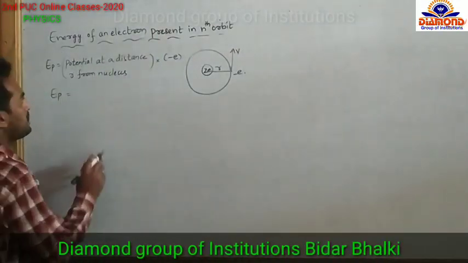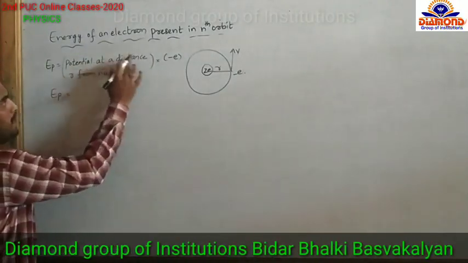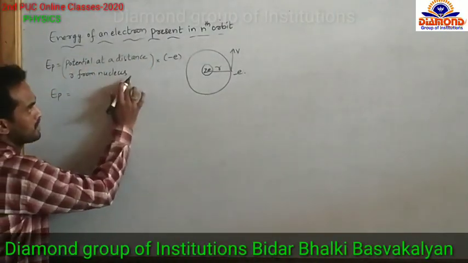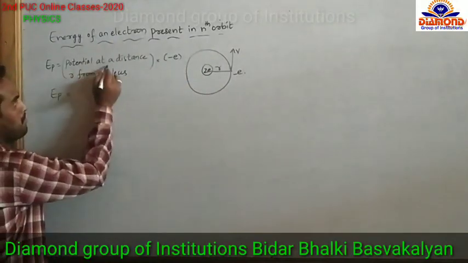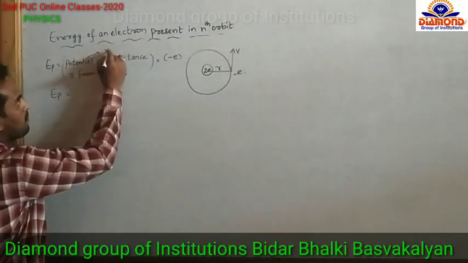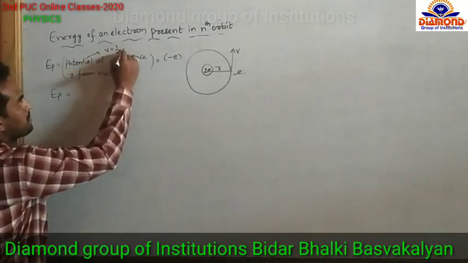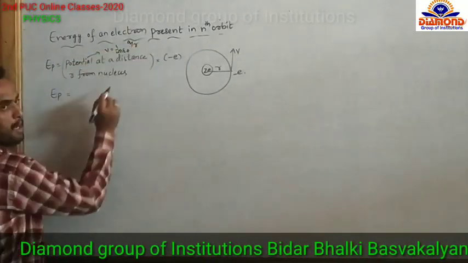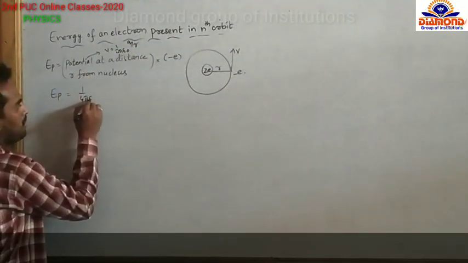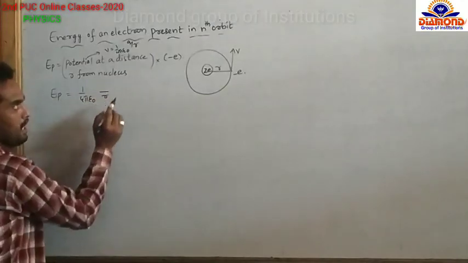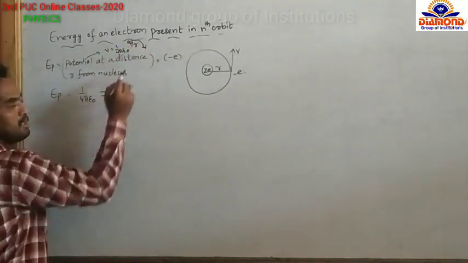The potential energy is calculated by the potential at a distance r from the nucleus times the charge of an electron, that is minus e. So what is the potential formula? V equal to 1 by 4 pi epsilon naught Q by r. What is Q? Charge.